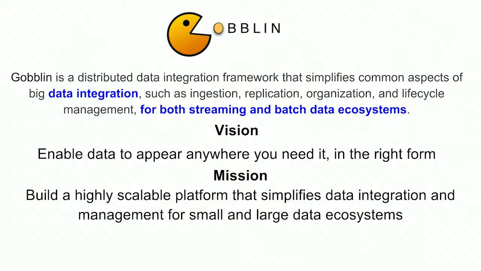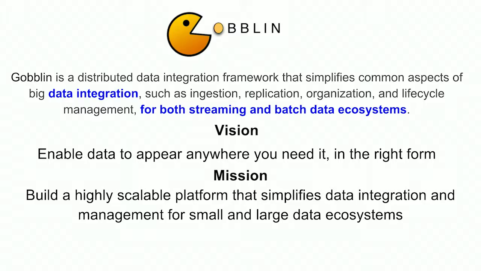So what is Gobblin? Gobblin is a distributed data integration framework that simplifies different data integration things, such as ingestion, replication, organization for both streaming and batch data ecosystems. We say integration, not just ingestion, because Gobblin is really a framework that has evolved from being just focused on ingestion and replication to being a full suite of things that does lots of data integration stuff, including data lifecycle management and other things.